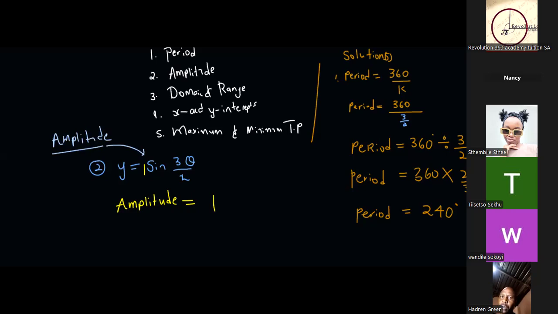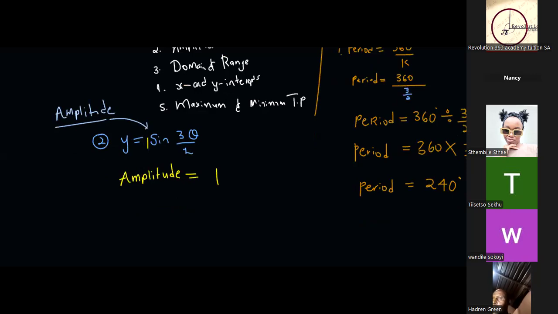Then on number 3, they want us to find the domain and the range. What will be our domain? For us to find the domain and the range, let us sketch the graph first.